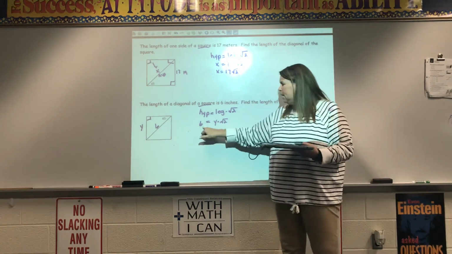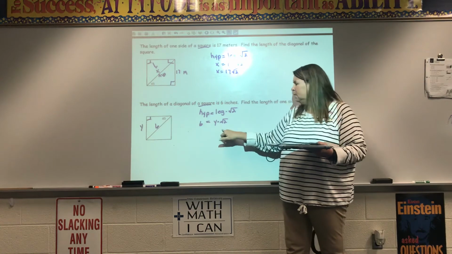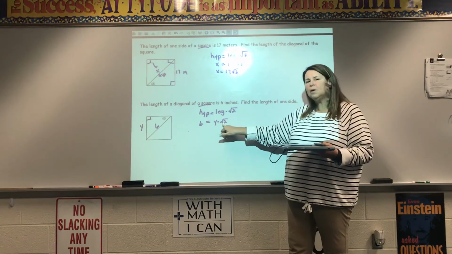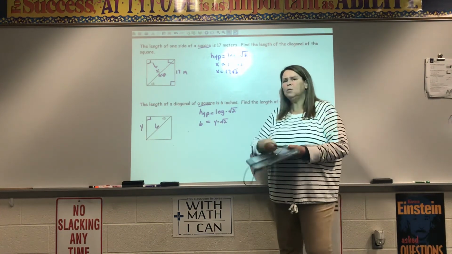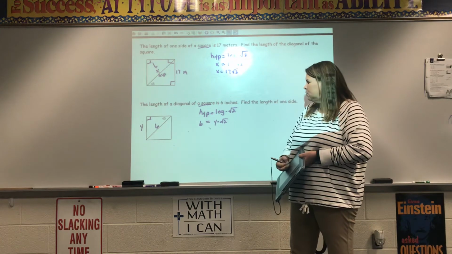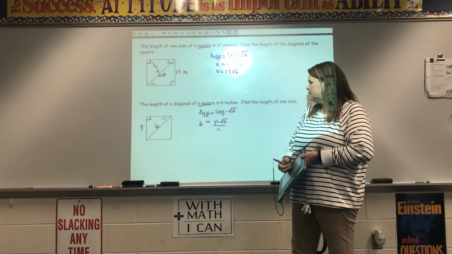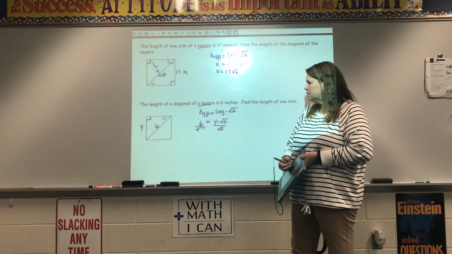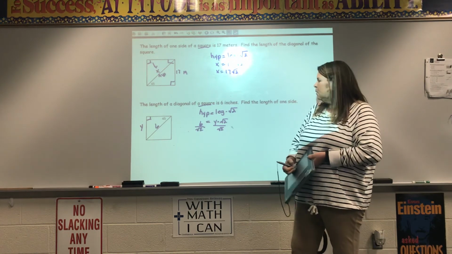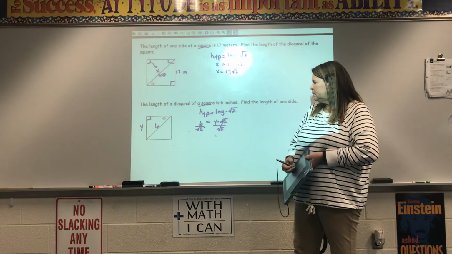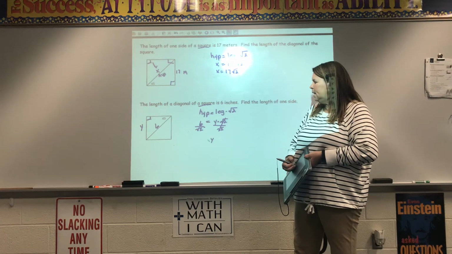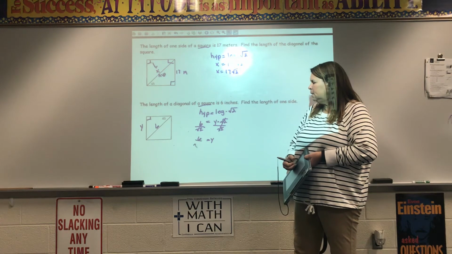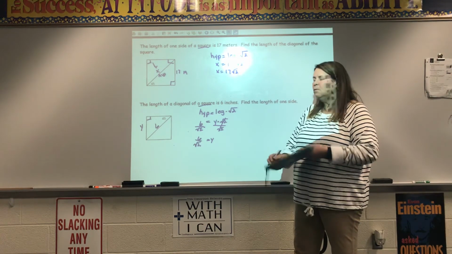We have an equation here to solve. To get rid of times radical 2, we are going to divide by a radical 2. So these cancel out. So that gives me y equals 6 divided by radical 2.